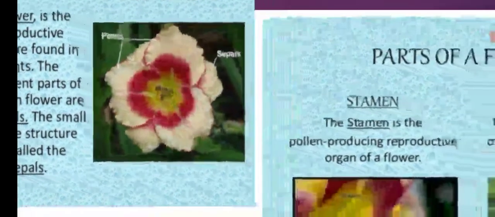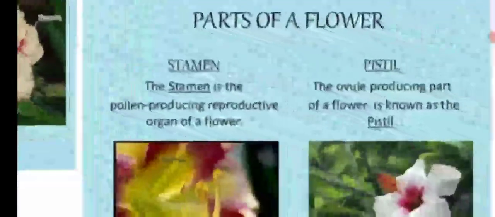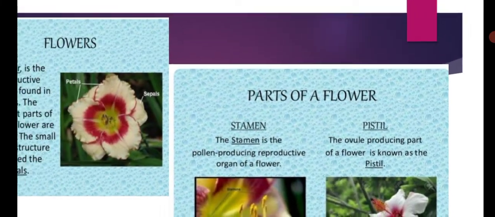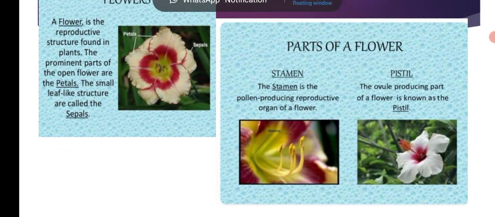Calyx, the green part, protects the flower when the flower is in a small size, that is called bud. Corolla, the colored part, attracts insects and humans also. After that, androecium is the male part of the plant, and gynoecium is called the female part of the plant.